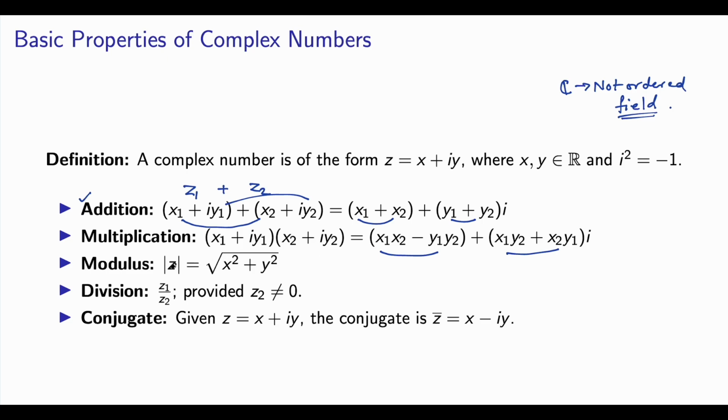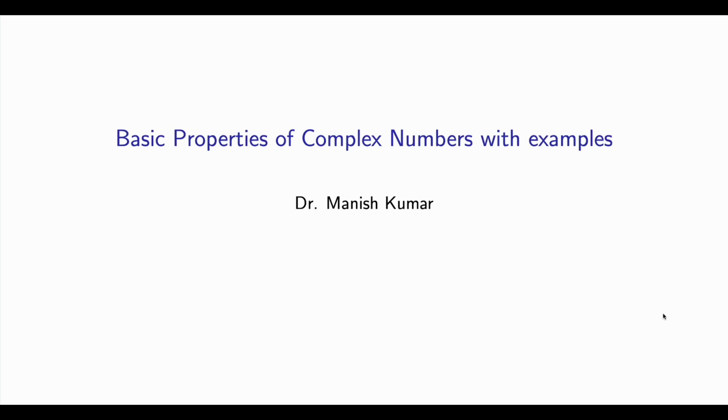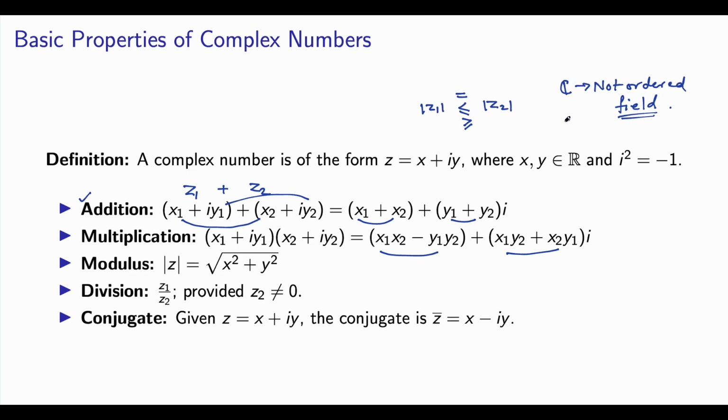If you have two numbers in the complex plane, z1 and z2, then you can compare modulus of z1 and modulus of z2, which depends upon the square root of the x component and y component. So now we can order them using the modulus concept.